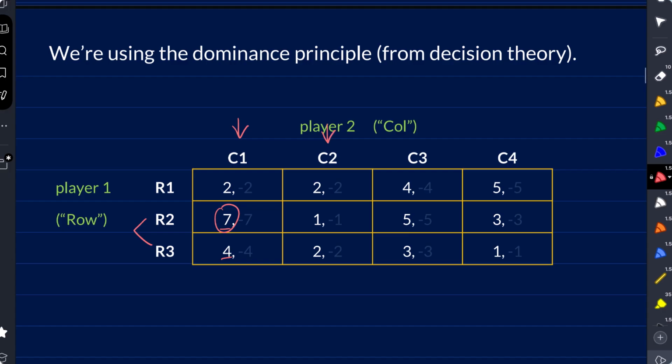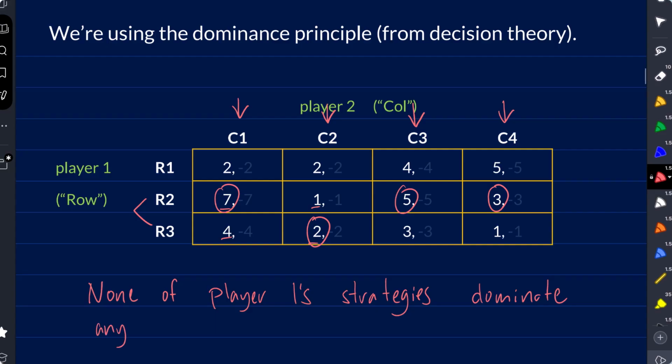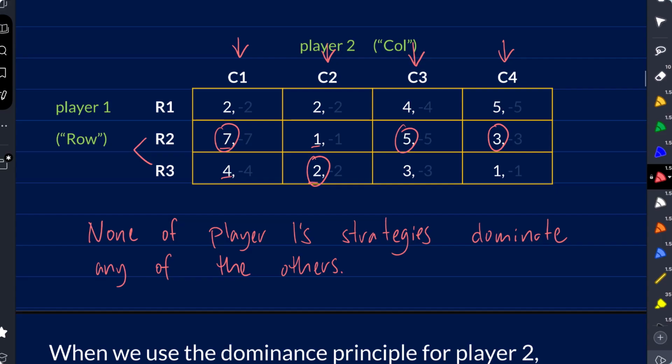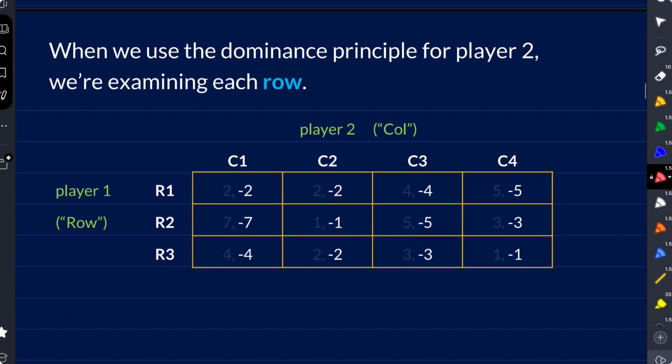If C2 happens, then R3 is better. If C3 happens, R2 is better. And if C4 happens, R2 is also better. But again, neither one of these strategies dominates the other. So none of player one's strategies dominate any of the others. That should have been familiar.